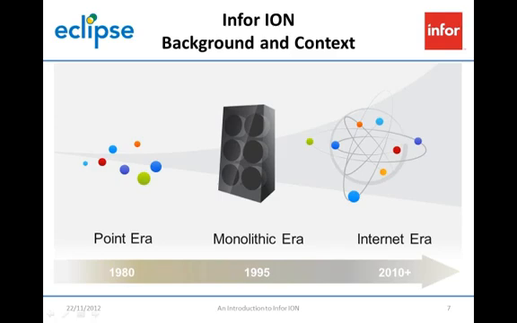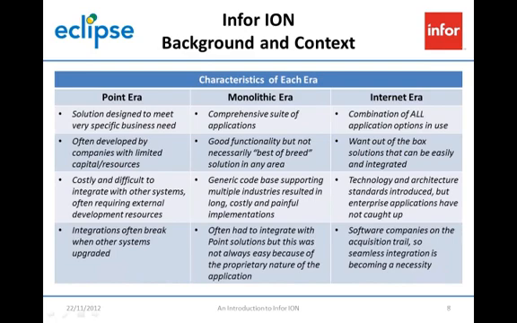Now, as we go along into the internet era, things have changed a little bit, and if we look at these slides, there's a description of the characteristics of each of these eras. When you look at the internet era, quite often organizations are using a combination of point solutions, some of these big ERP solutions, in-house hosted solutions.